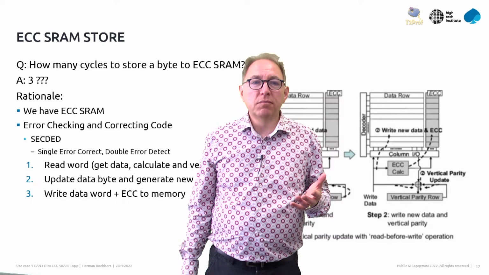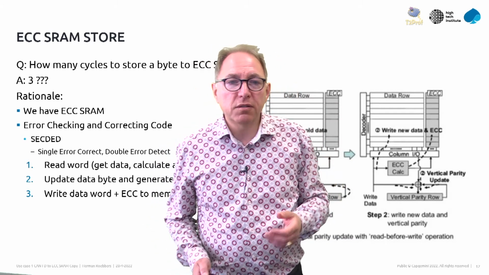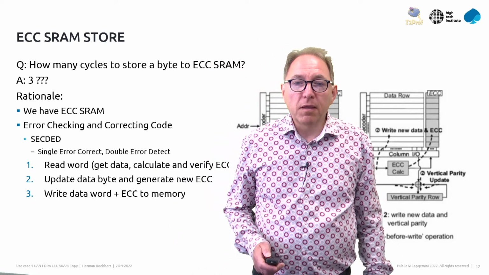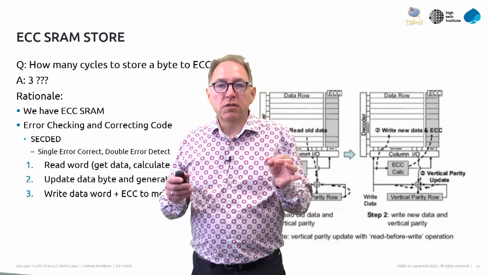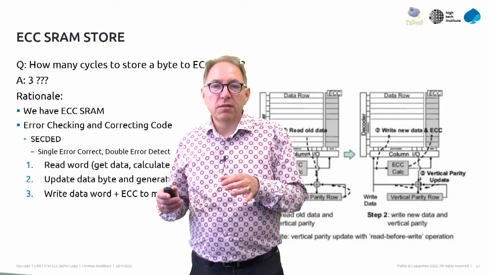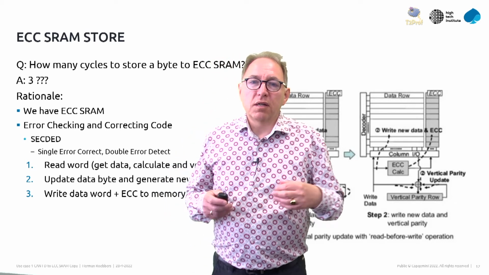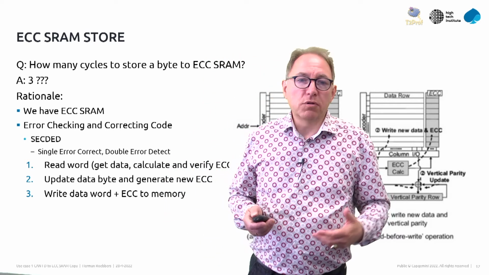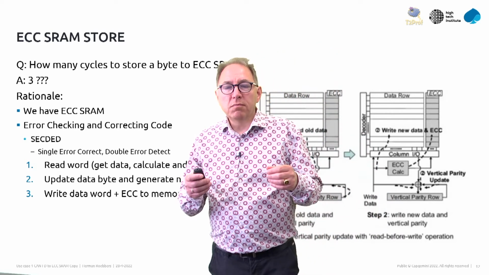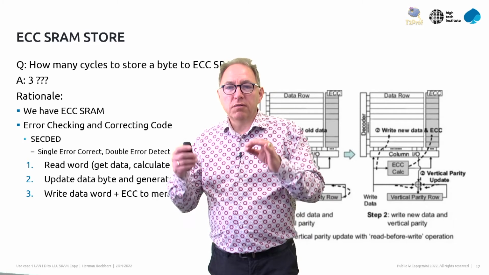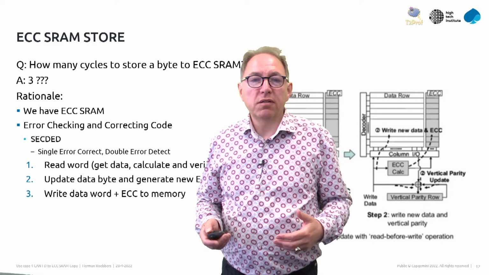What is the problem? We have to look at how this memory is organized. For each 32-bit word we have an ECC checksum byte that can tell us whether the data is okay or not. If we write 32 bits at a time, this byte is generated and stored as a single write.